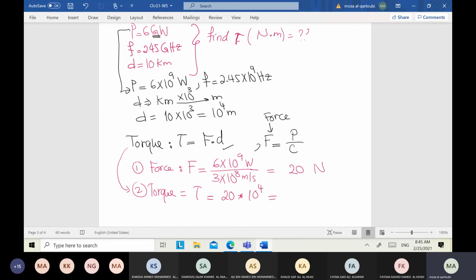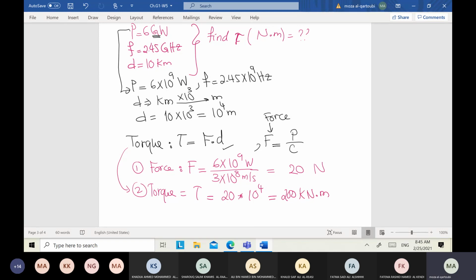So torque equals 200 multiplied by 10 to the power 3, and 10 to the power 3 is kilo. So it is 200 kilo Newton meter.